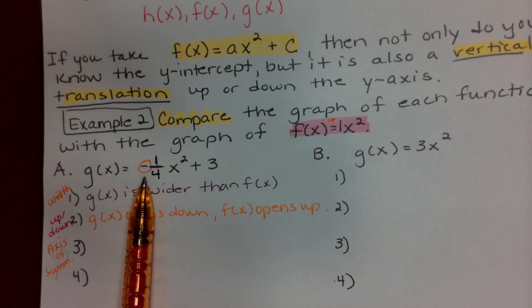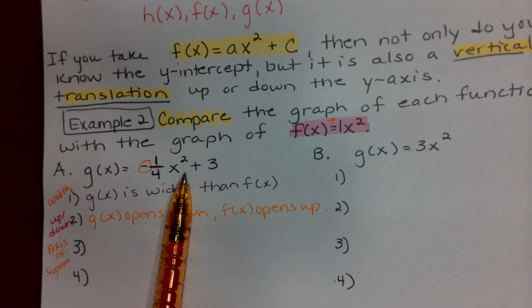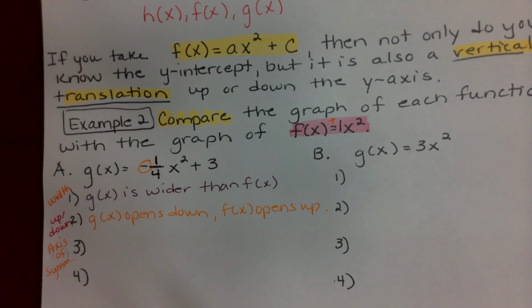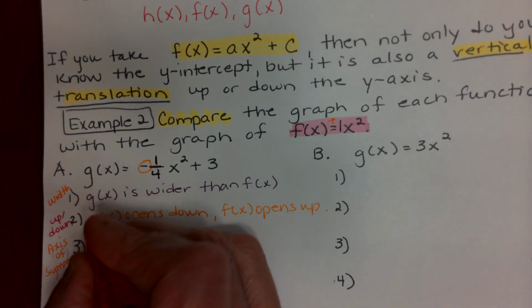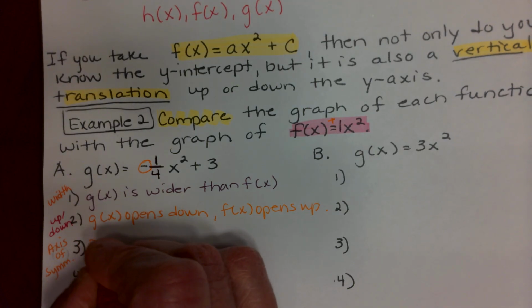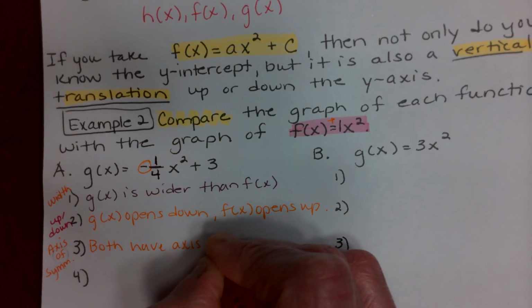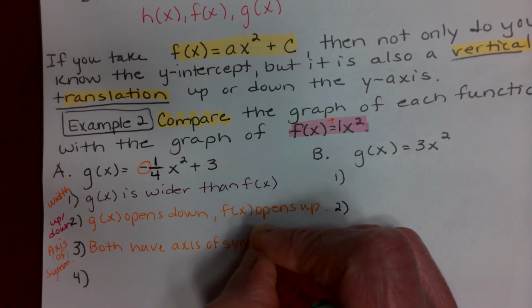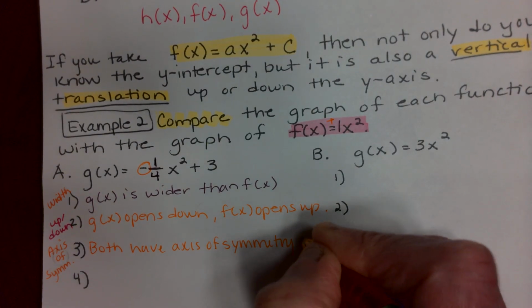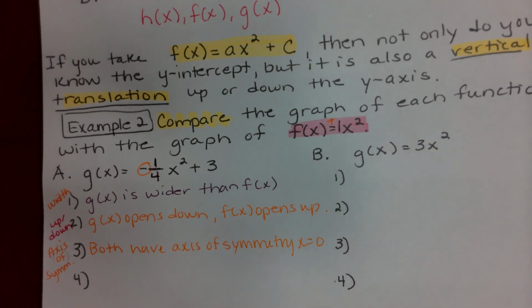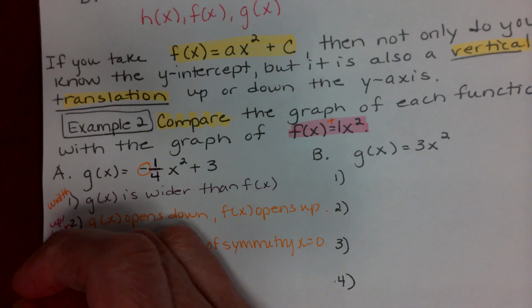The axis of symmetry here is, again, there's no b, so it's 0. So they both have the axis of symmetry x equals 0. You could write that: both have axis of symmetry x equals 0.